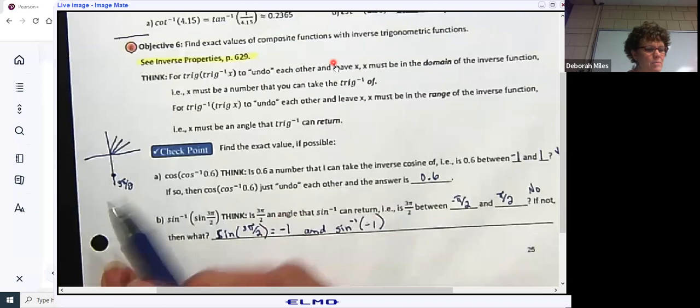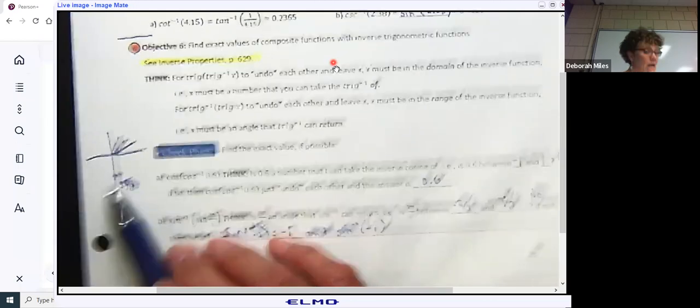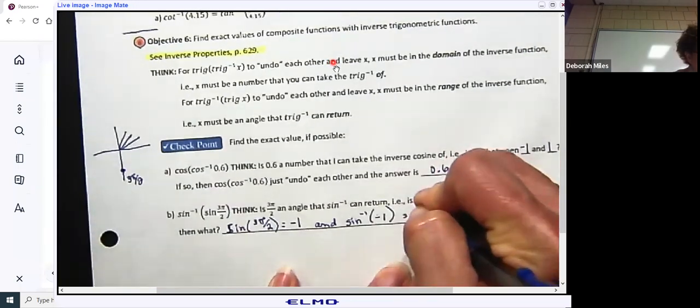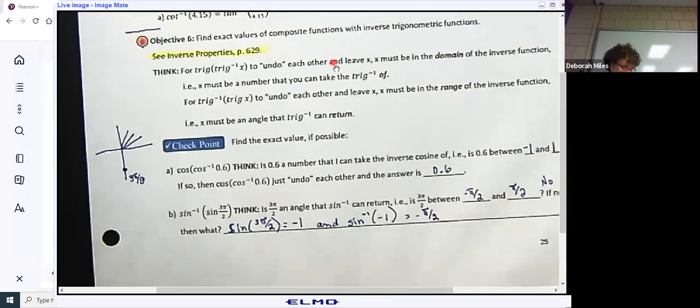What's another name for that angle so that it is between -pi/2 and +pi/2? Yeah, if we just call it -pi/2, it's the same answer with a different name.